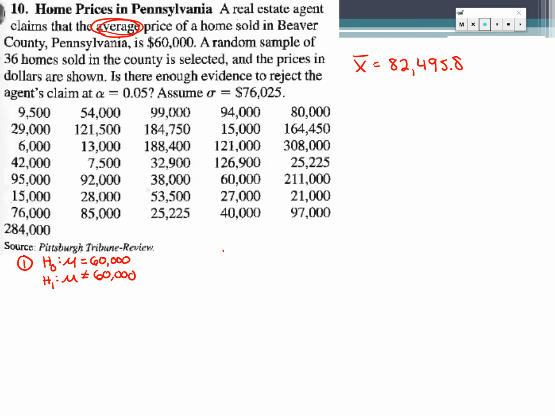Now the claim though, the real estate agent is claiming that the average price is $60,000. So our claim is going to be the null hypothesis this time. The real estate agent's claiming that the average home price is $60,000. So that's what this person, our researcher, the real estate agent, is trying to show.